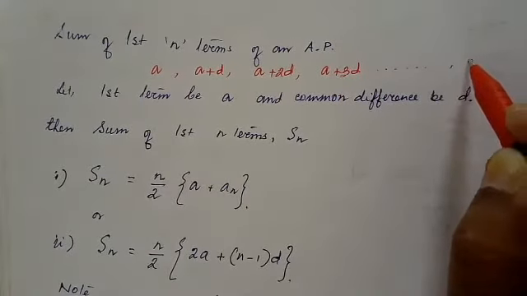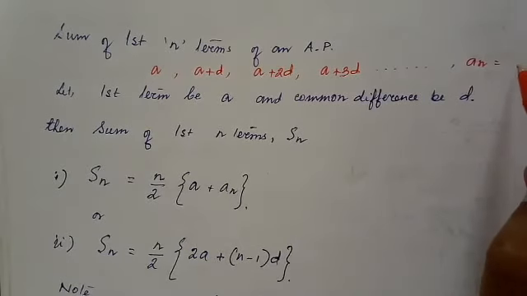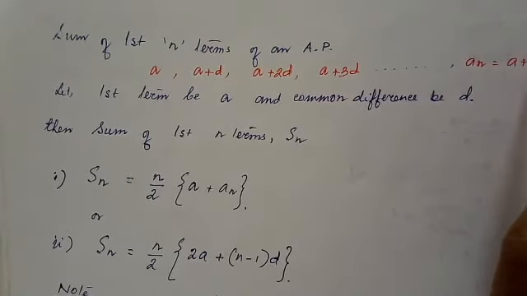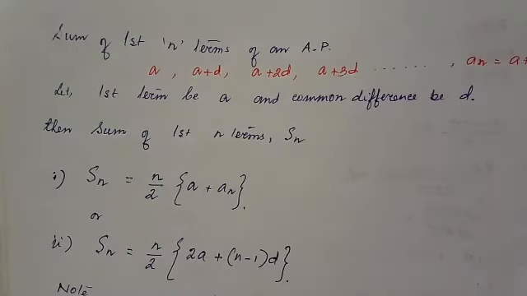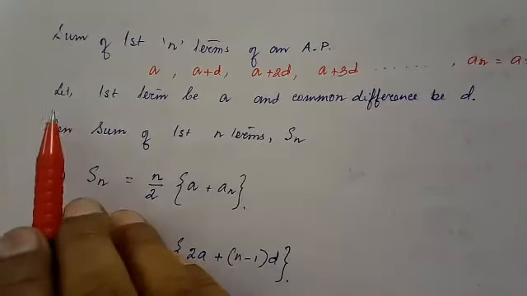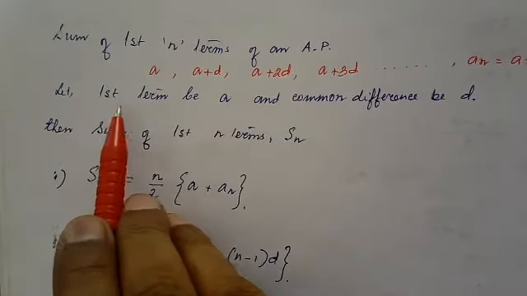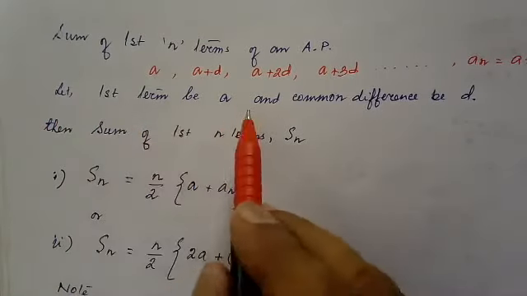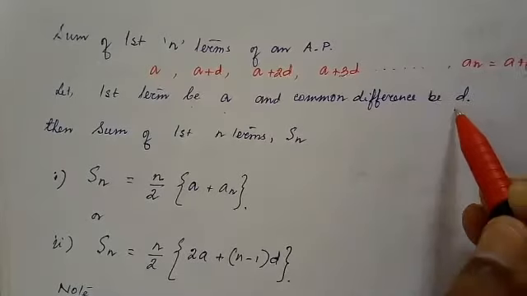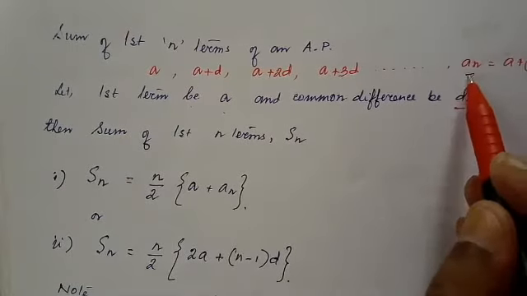The last term is an, which is equal to a plus (n minus 1) into d.